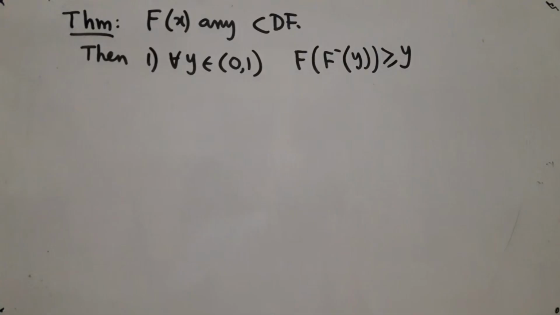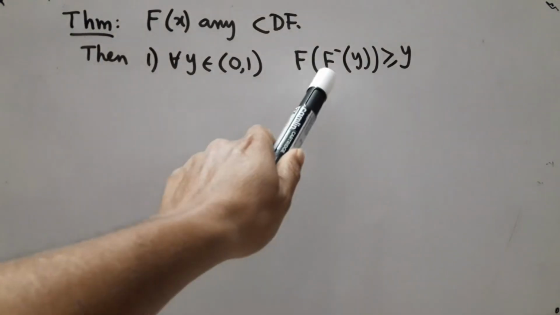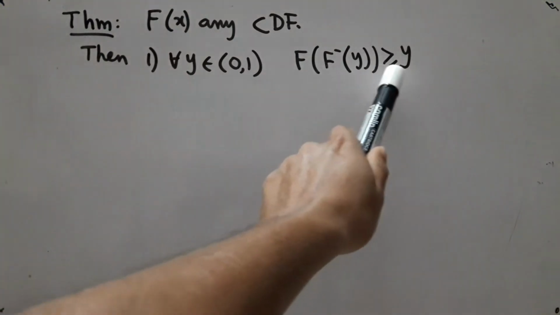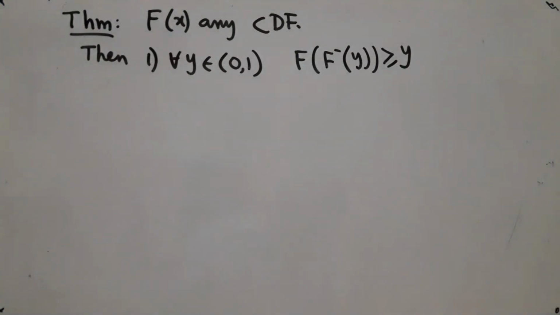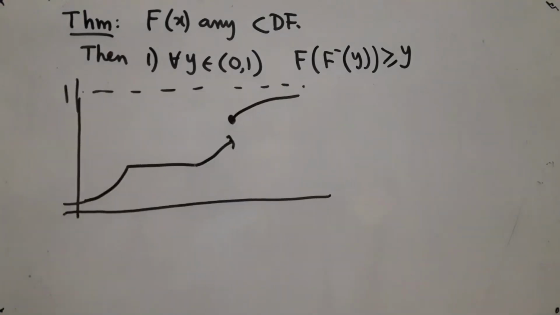Here is an important theorem that we are going to use. If F_X is any CDF, then F(F^-(y)) is always greater than or equal to y. The proof comes from the right continuity of F. Let's understand the proof pictorially. Suppose that this is the graph of F_X.